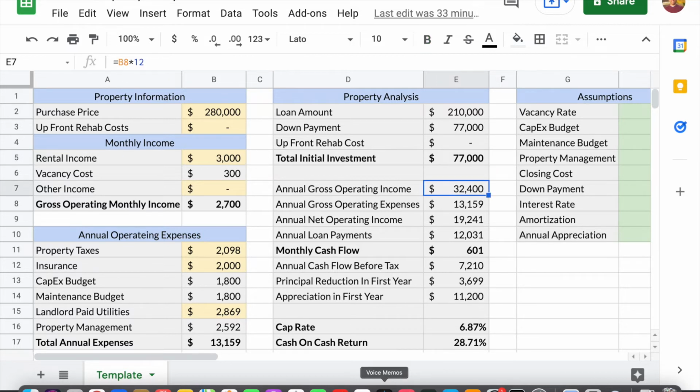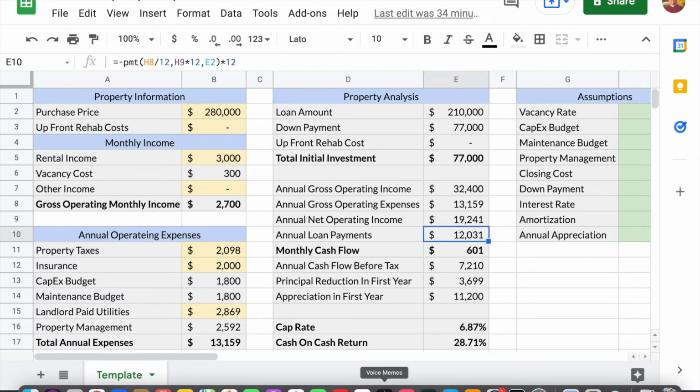Next, we have the total gross operating income, which is the annualized value of the gross monthly income from the left-hand side column. Note that this value takes into account the vacancy rate. Cell E8 is the total annualized expenses. Cell E9 is the annual net operating income, which is the annual gross income shown in cell E7 minus annual expenses shown in cell E8.